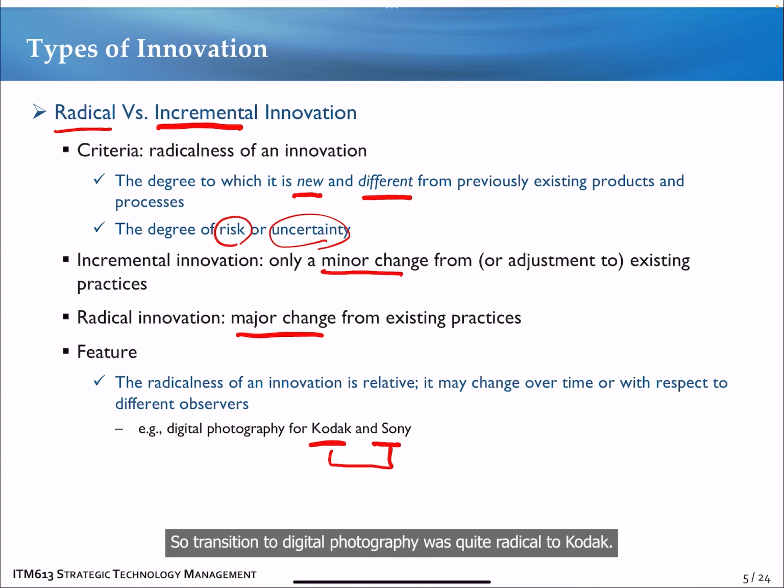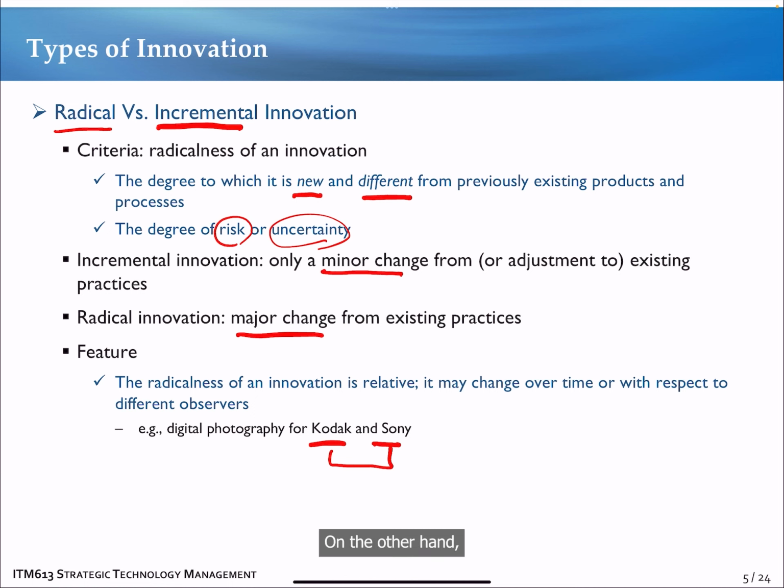So transition to digital photography was quite radical to Kodak. On the other hand, although Sony didn't have experience in producing camera, it had been an electronic company. So Sony has good and rich knowledge of digital recording and graphics. So it is just incremental to Sony.